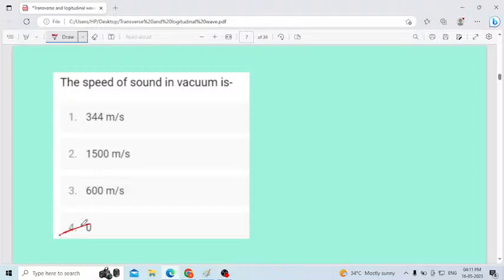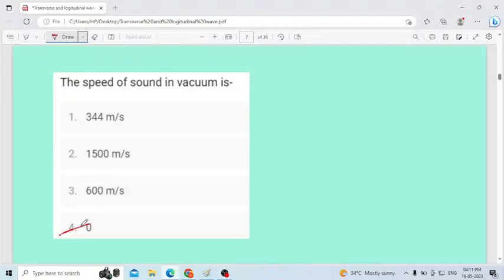In a vacuum we don't have any particles; it is empty, nothing is there. When there are no particles and no vibration of particles, how will the energy transfer? How will the sound wave transfer in the form of energy? When particles vibrate, they transfer energy from one particle to another, and only then do sound waves travel and you can hear the sound.